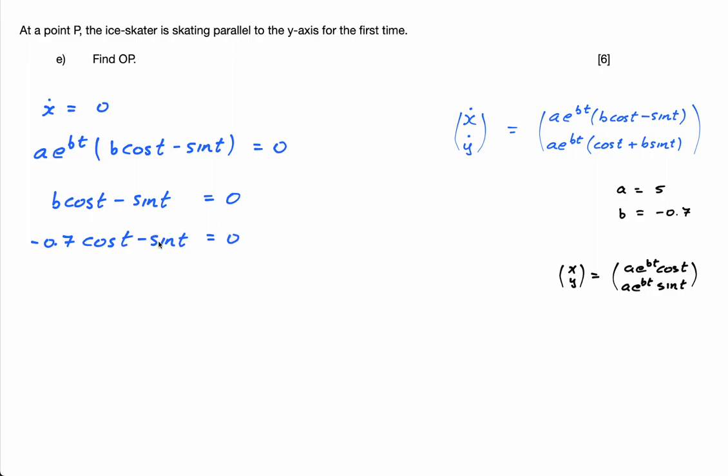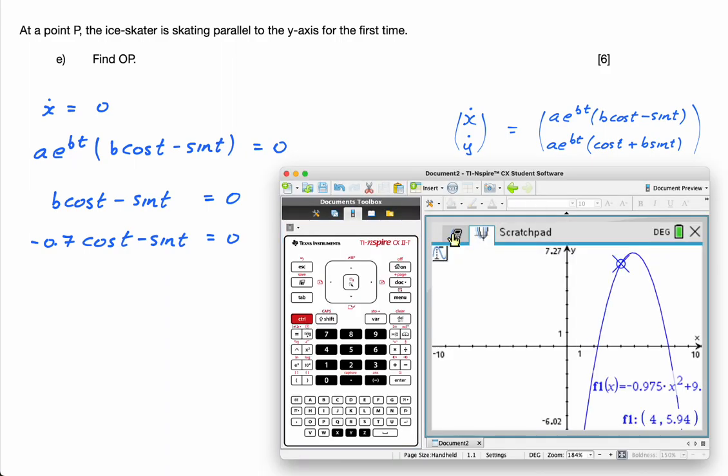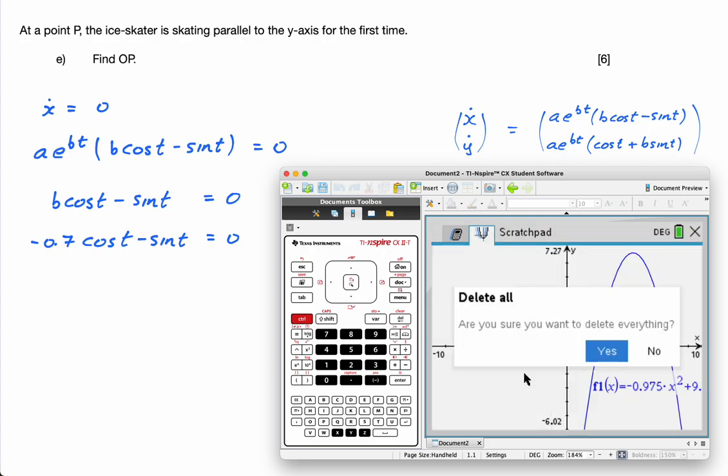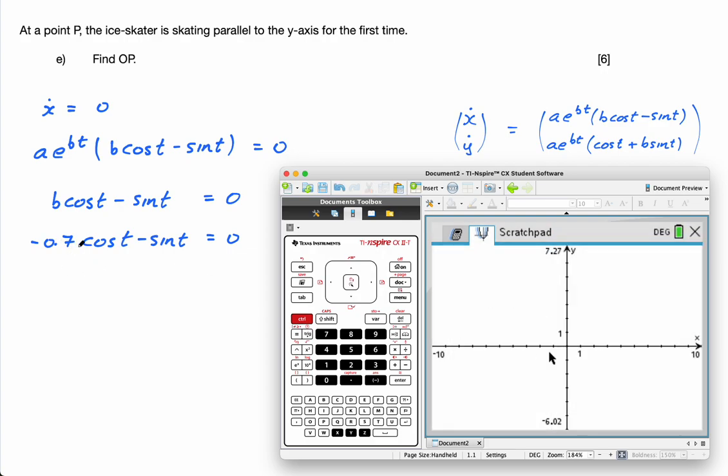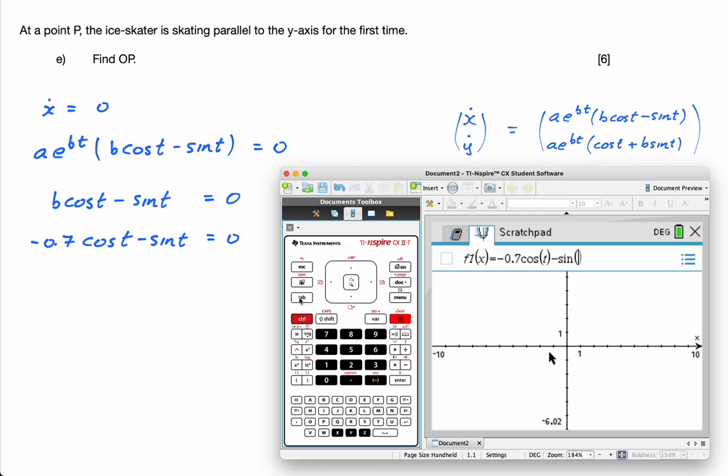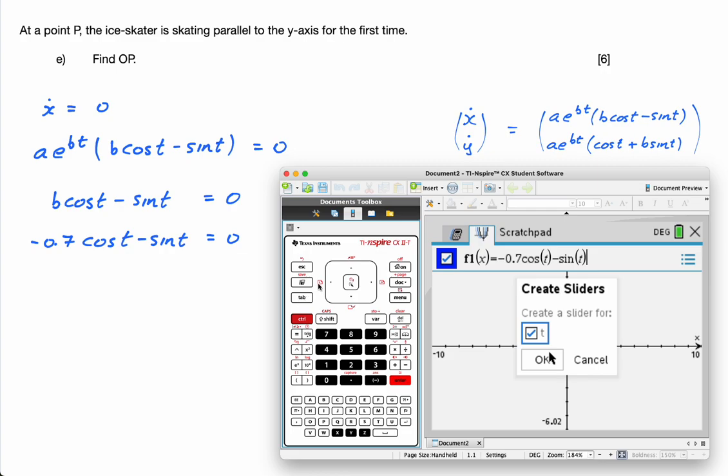Now you could rearrange this for tan and solve it that way. Because I have a calculator, there's actually no need to do that, even though the mark scheme, I think, does it that way. But let's just do it like this. I'm literally just going to sketch this function here. This minus 0.7 cos of t minus sine of t.